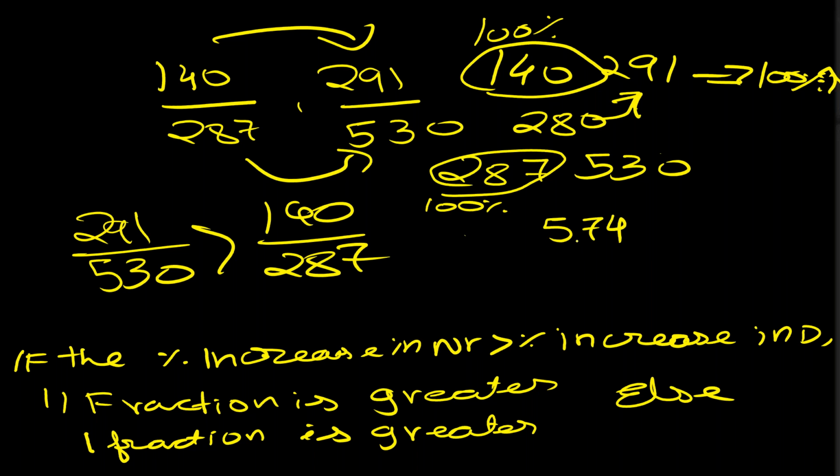Now my given number is 530, but here I'm getting 574. That means you can understand clearly that this number is not increasing 100 percentage. This is increasing less than 100 percentage.